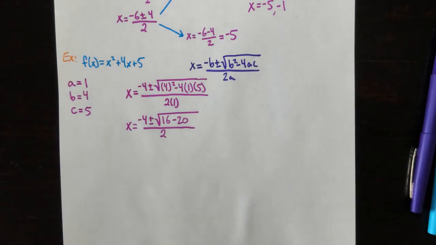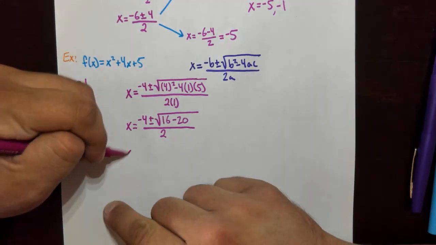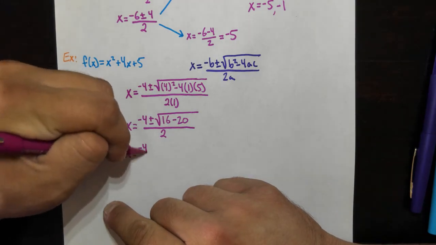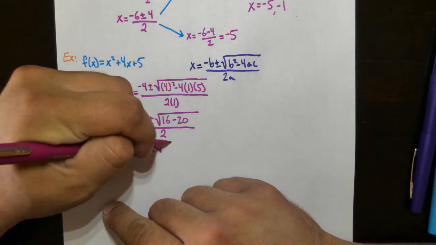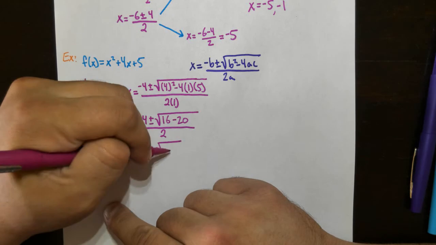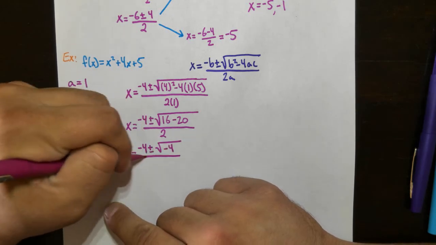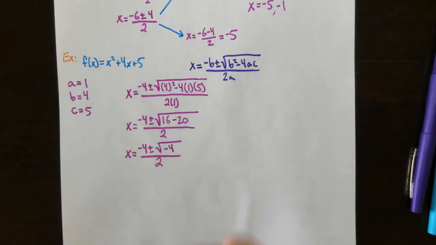We'll continue simplifying under the square root. So x equals -4 plus or minus the square root of 16 minus 20 is -4, over 2. And this is where the imaginary numbers come in. Remember from yesterday, imaginary numbers are produced, I suppose, when we have a negative under the square root.